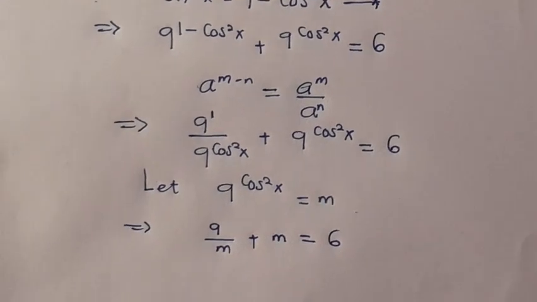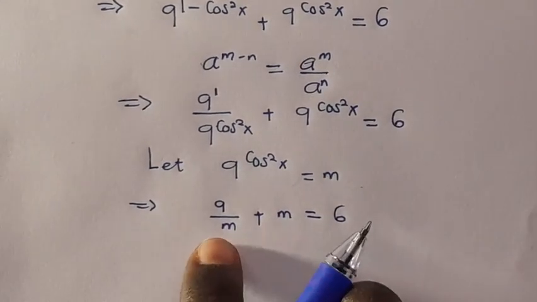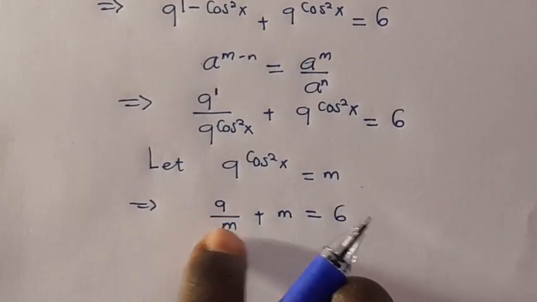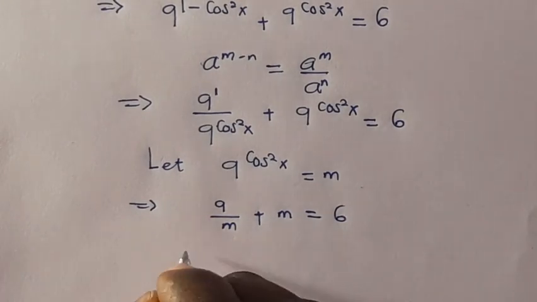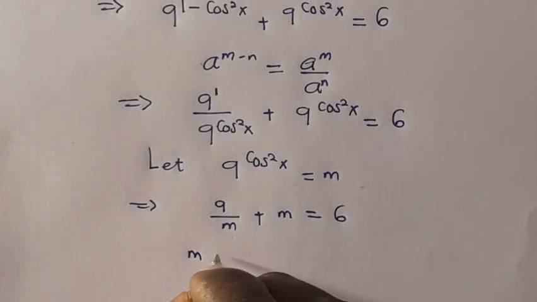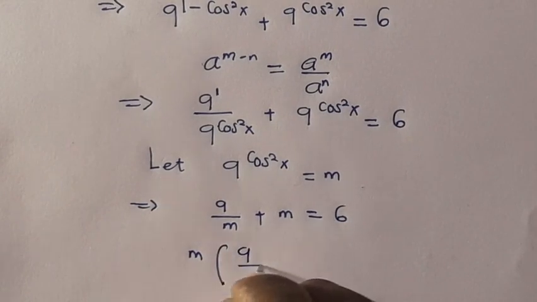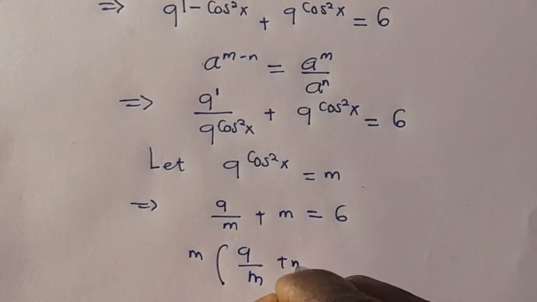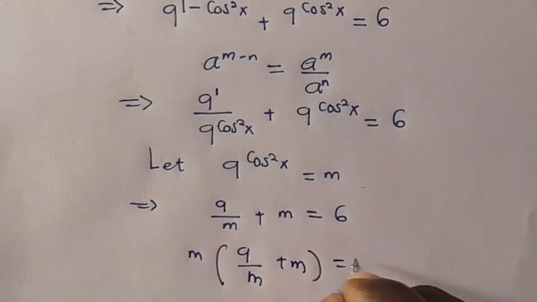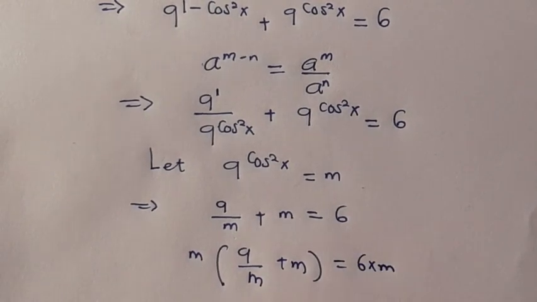Now guys, to get rid of this m here, we can multiply through by m. So m multiplied by 9 divided by m plus m multiplied by m as well.